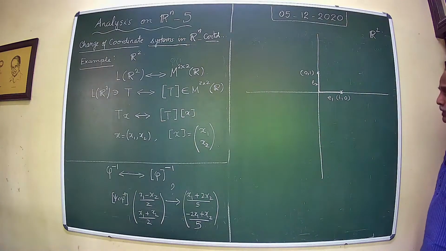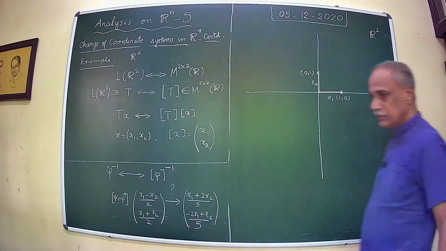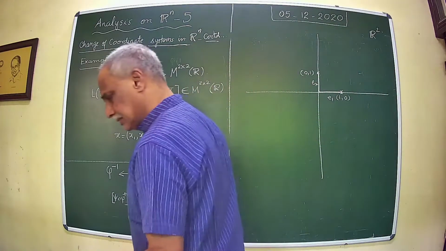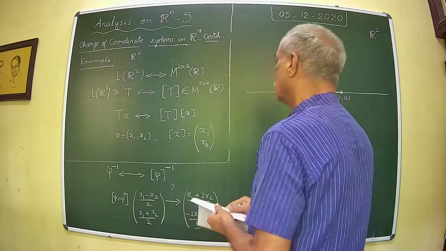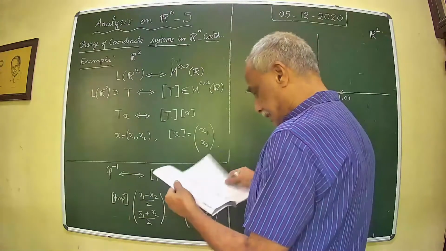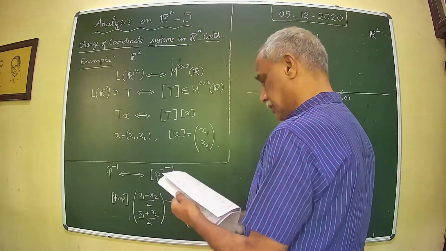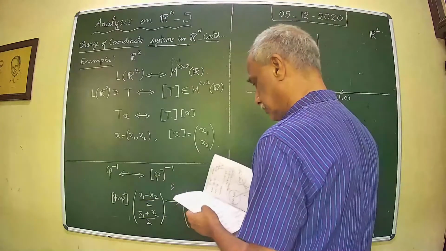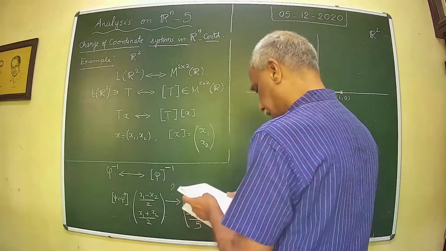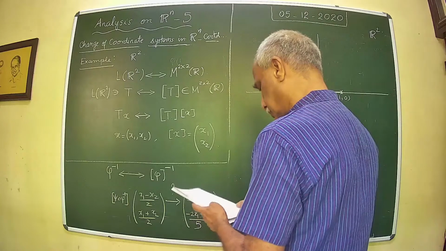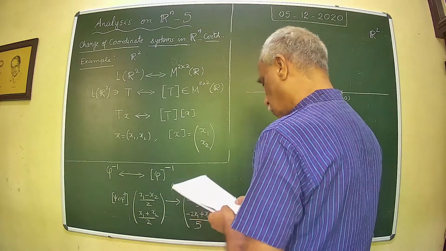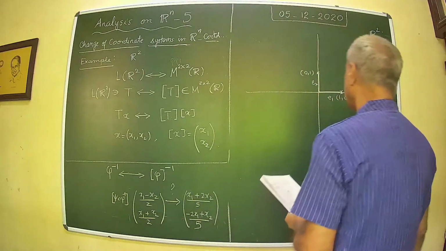Now what you have done is two bases that we have chosen. One is of course 1 minus 1 and 1 1.